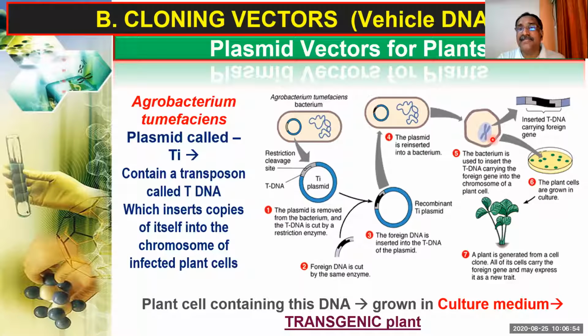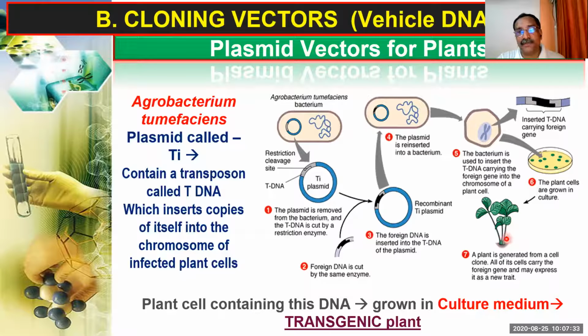Then that cell is extracted and cultured, the same way we do tissue culture. And from that cultured cell, you can produce an entire plant. This plant, we can say, is a transgenic plant, because in this plant you have inserted a foreign gene. Whatever tumor-inducing character you see here, the same character you can see in this plant too, because this plant is developed in a culture medium by inserting this foreign DNA.